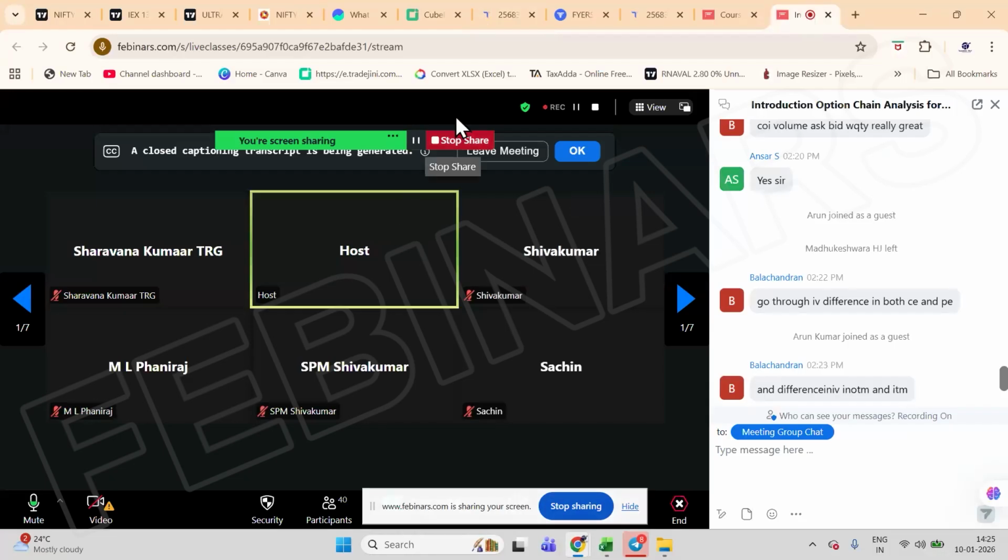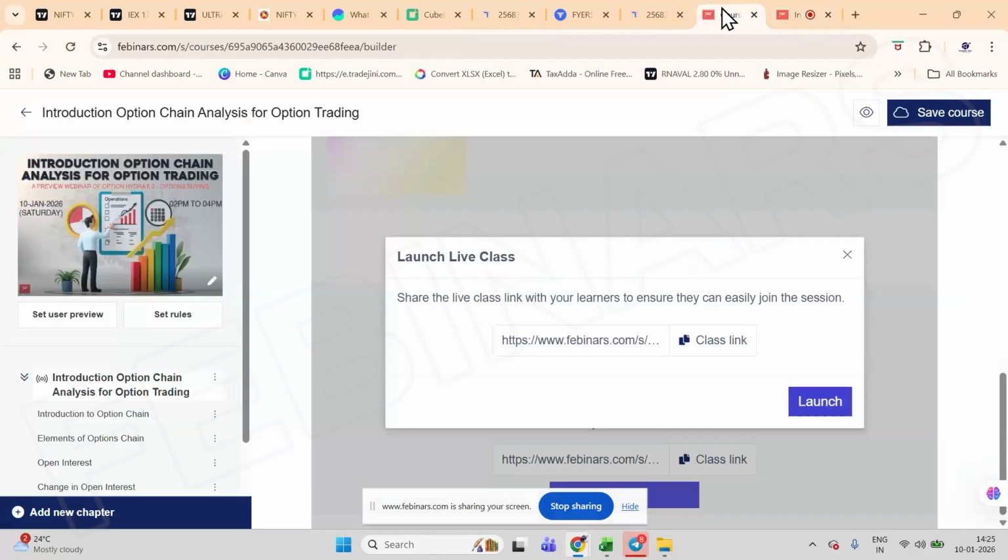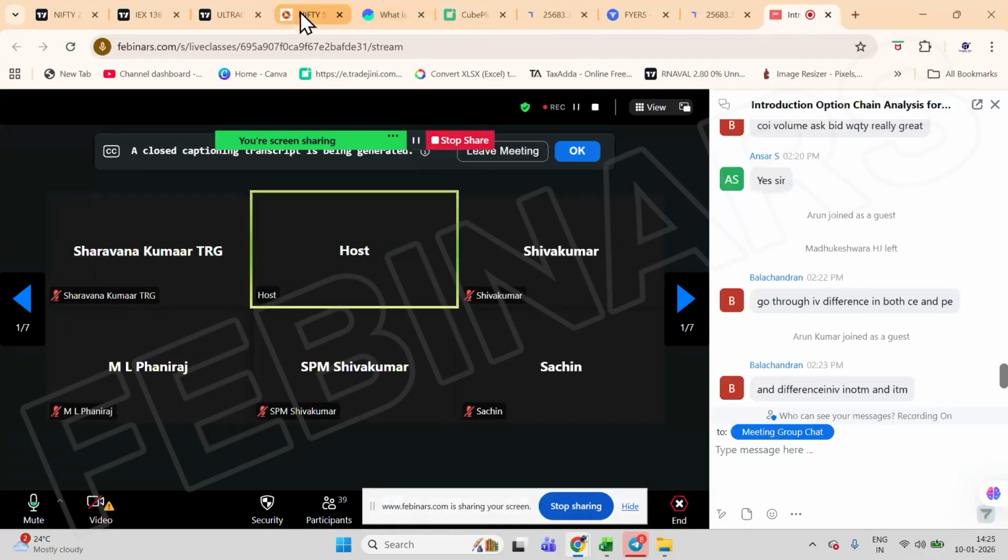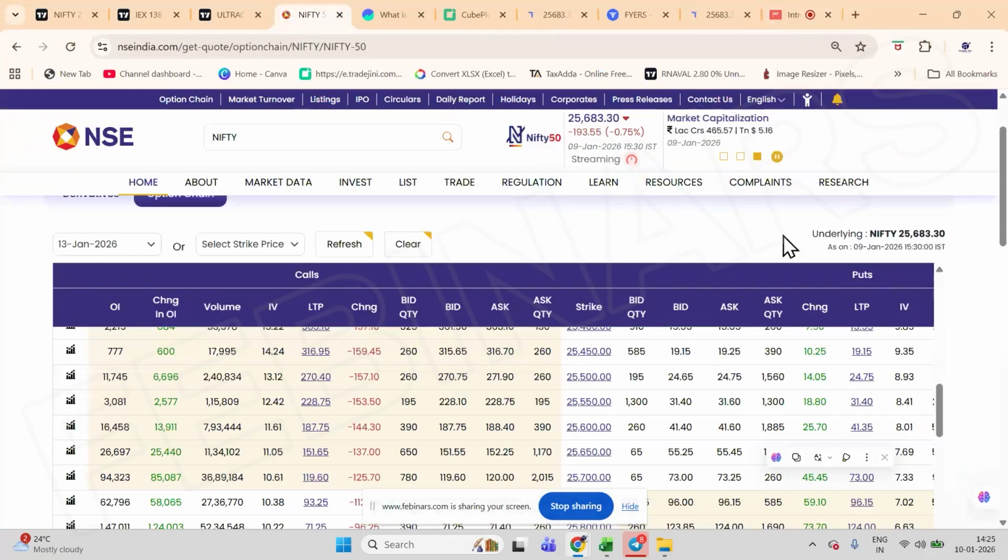I will tell you what is in the money, what is at the money, what is out of the money, my dear friends, in a very simple way. The underlying price of the option, the spot of any instrument, index or a stock, is called the underlying or spot price. Currently, what is the spot price of the Nifty? Can anyone say? 25,683, right?